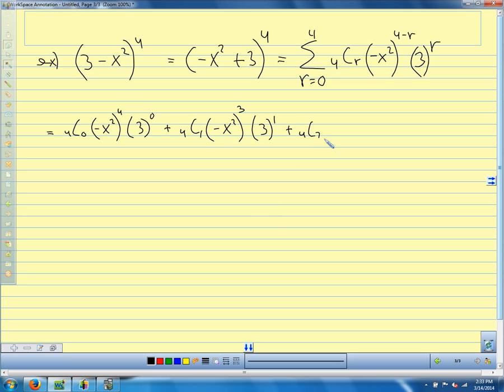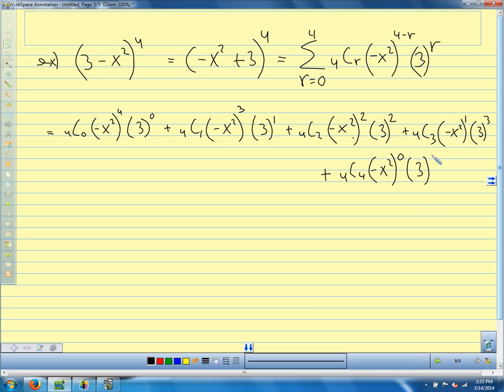Plus 4 choose 2, now r is 2, (minus x squared) squared times 3 squared. Plus 4 choose 3, (minus x squared) to the 1st power and 3 to the 3rd power. And I have one more. Plus 4 choose 4, (minus x squared) to the 0 power and 3 to the 4th power.